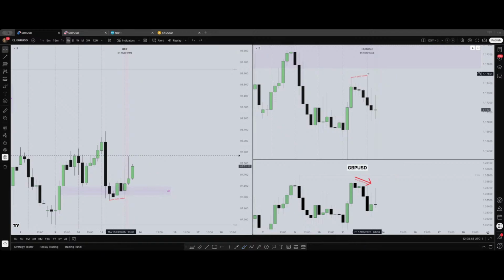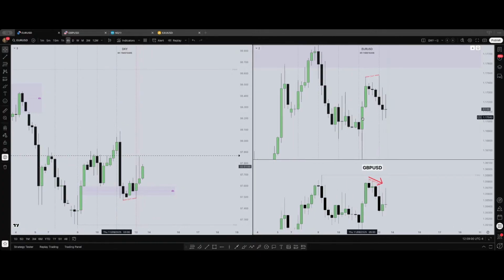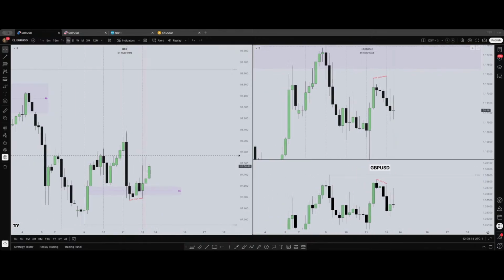Basically, what Euro USD did was just take the previous day high, where liquidity was residing, and then later continue lower. So the dollar index was showing no interest in going lower, GBP USD was showing no interest in going higher, and Euro USD was just making this fake movement, manipulation.